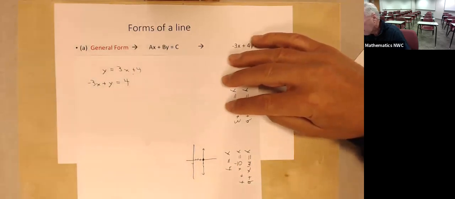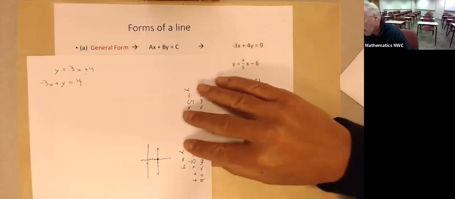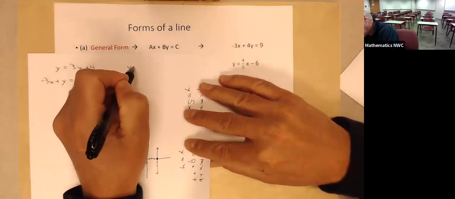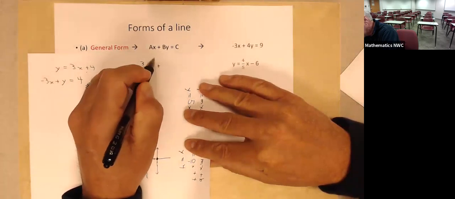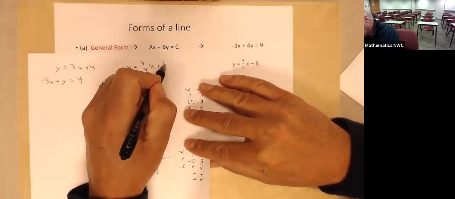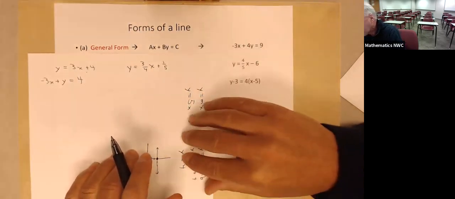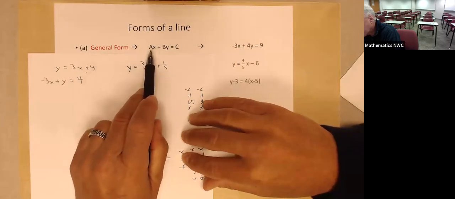So here I took a slope-intercept form and put it into general form. Pretty easy process, just x term first, then y term, and then c. The only time this could be a little bit of a challenge would be if I had something like this, y equal to 3/4 x plus, let's just say, 1/5. One of the things that's implied in this general form is that A is an integer, not a fraction.